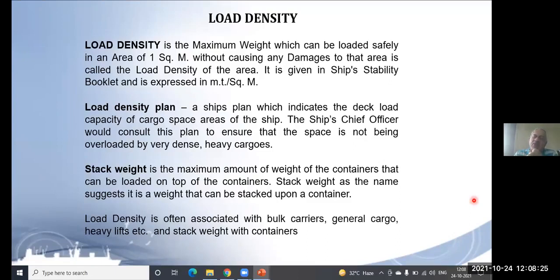Suppose, without fancy words like iron ore and coal, we load popcorn, which all of you are familiar with, on that bulk carrier, and the cargo hold will be totally full.